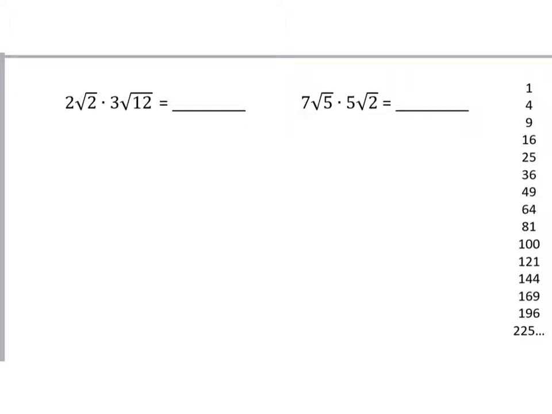All right, the next one, 2 square roots of 2 times 3 square roots of 12. So again, the outside numbers we multiply together. So 2 times 3 is 6. And then the inside numbers we multiply together. 2 times 12 is 24. Then we check over on the side. Is there anything over here that can go into the 24? Yes. 4. How many times? 6.